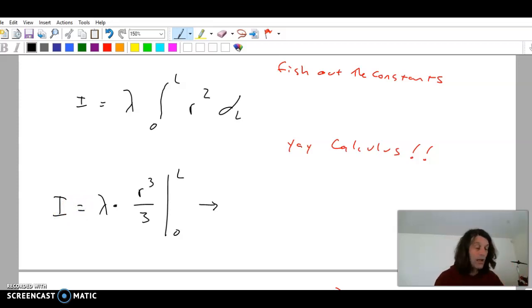So what you guys know this becomes is lambda times L to the third over 3 minus 0. If you want to put that in now, you remember what we did when we found our center? We can replace that lambda because chances are you don't know what the density of a foot stick is, or the density of a meter stick, or the density of any given rod. But chances are you do or could very easily know the rod's mass and the rod's length.